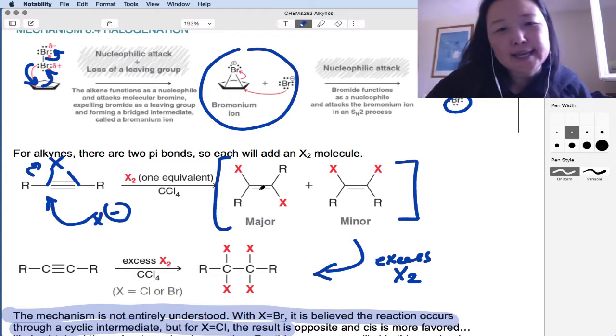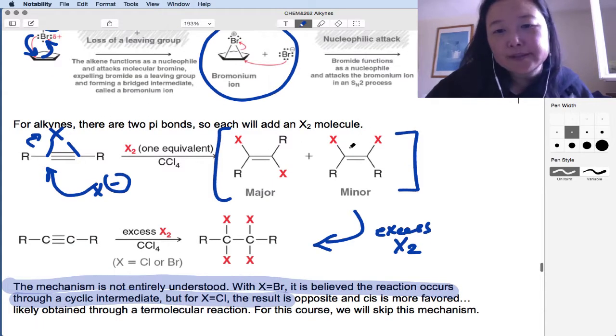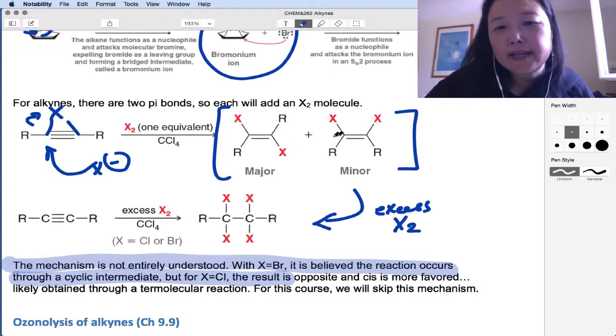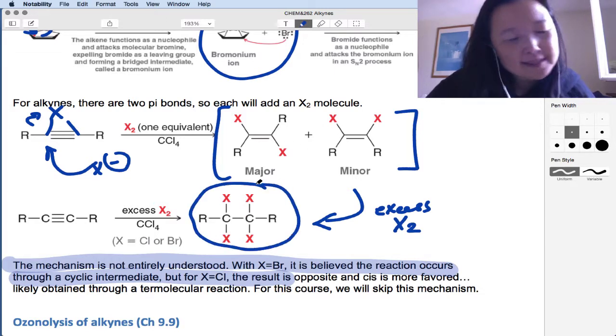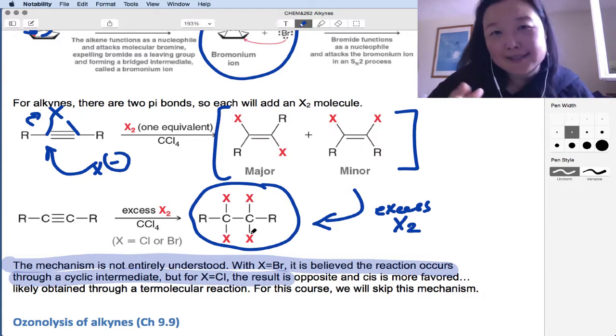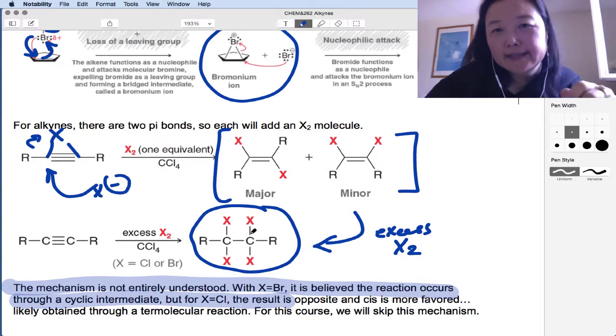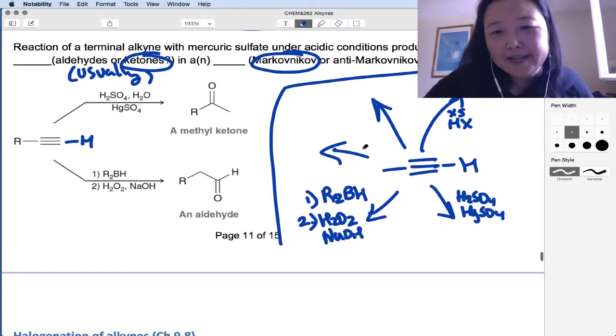So I'd say let's just, for this example, know that you're going to get a mixture, but in any case, usually we just do excess and we go all the way down till we fully saturate with all the X's that we can. So let's take this reaction and add it to your reaction tree.